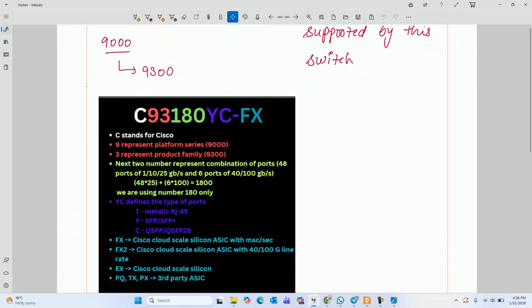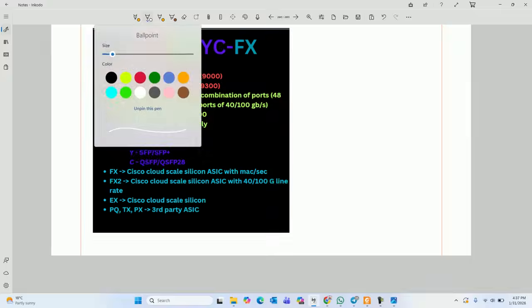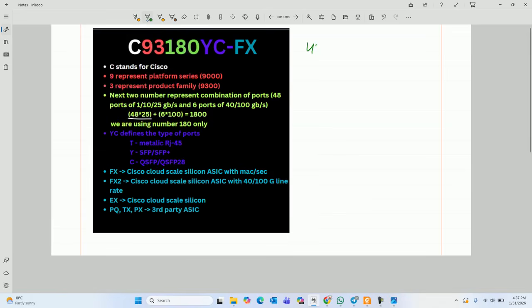So this particular switch is having 48 interfaces, each with 25 Gbps, because maximum it can go up to 25 Gbps. Plus the switches are also having uplinks, and it has 6 uplinks with 100 Gbps of bandwidth. So if you combine it, totally you will get 1800 Gbps of throughput.